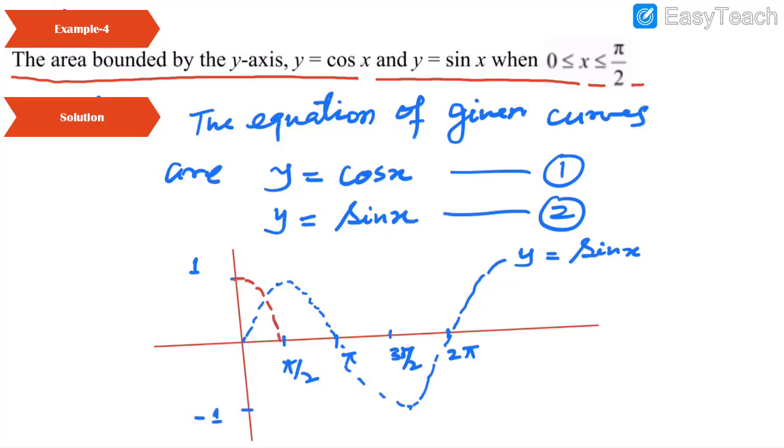The cos 0 is 1, so it starts from 1, and cos pi by 2 is 0, and cos pi is minus 1, and cos 3 pi by 2 is again 0. So this red line is the graph of the cos function, cos x, and we have to find the green shaded area, which is bounded by the y-axis, sin x and cos x.